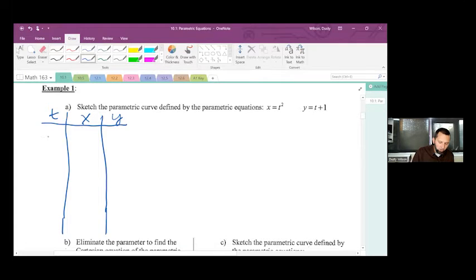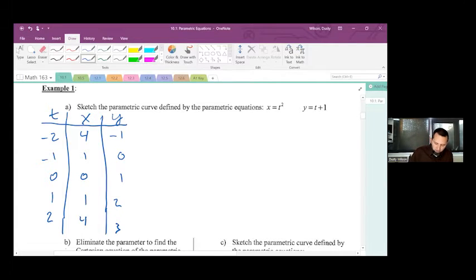Maybe our t's are going to go -2, -1, 0, 1, and 2. Our x's will be equal to t squared, so we would have 4, 1, 0, 1, and 4. And our y's would be equal to t plus 1. We'd have -1, 0, 1, 2, 3.